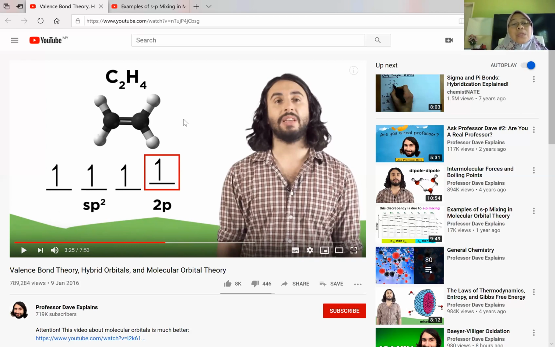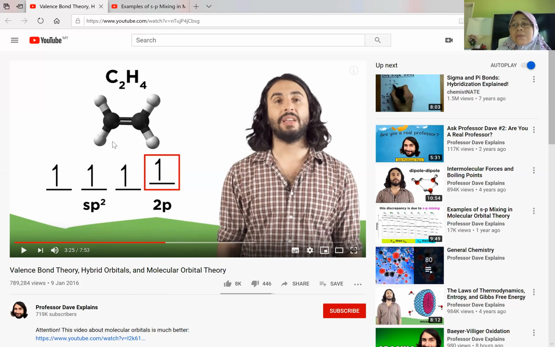If CH4, you need to accommodate 4 electrons. Now, if you look at here, because we are talking about the left side only, this carbon needs to accommodate 1 electron from this hydrogen, 1 electron from this hydrogen, and 1 electron from the right carbon. So 1 electron from here, 1 electron from here, and 1 electron from here.